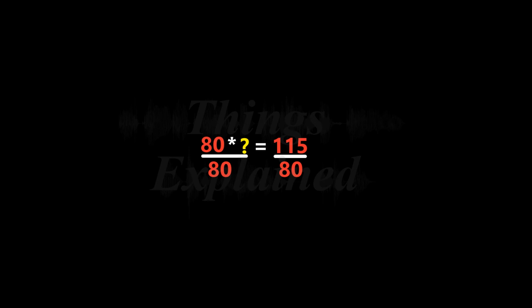This cancels out the times 80 on the left side of the equation, and leaves you with question mark is equal to 115 over 80. Divide, and you get question mark is equal to 1.4375.